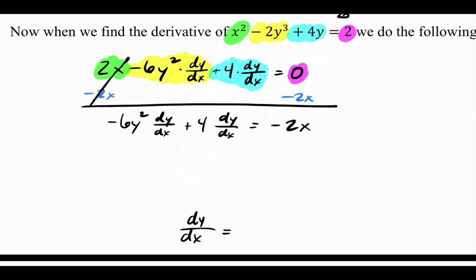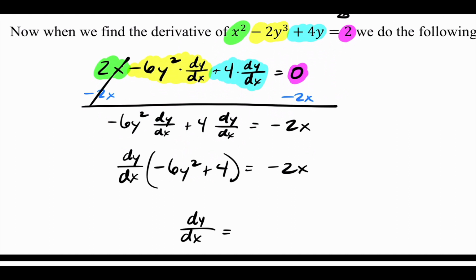Divide, yeah. Actually, factor, which is division, right? I have two terms. I have this guy, and I have this guy. What do they have in common? dy dx. Can I factor out a dy dx, which is division? So when I factor out a dy dx, that leaves just negative 6y squared plus 4.